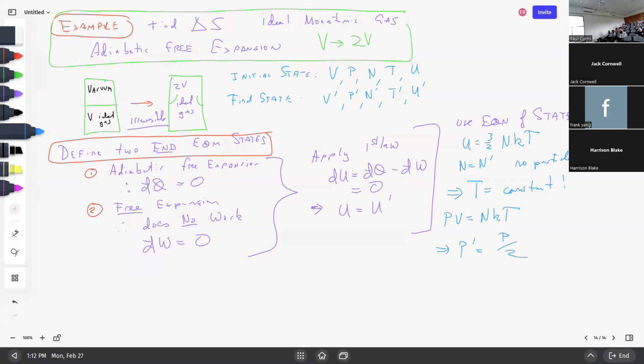Okay? So by fiddling around with the two facts, adiabatic and free expansion, I've come up with an expression for the pressure, temperature, number of particles, the energy. So I've got a whole lot of material I now understand about this system.